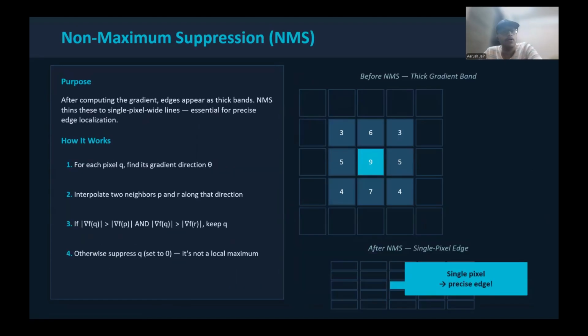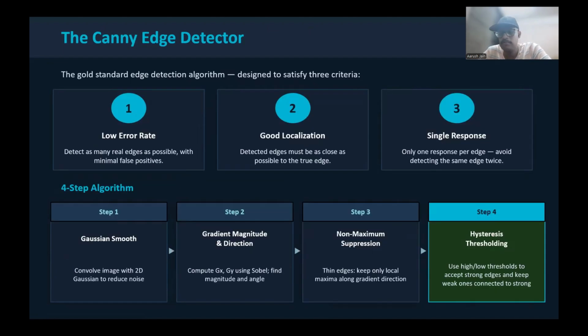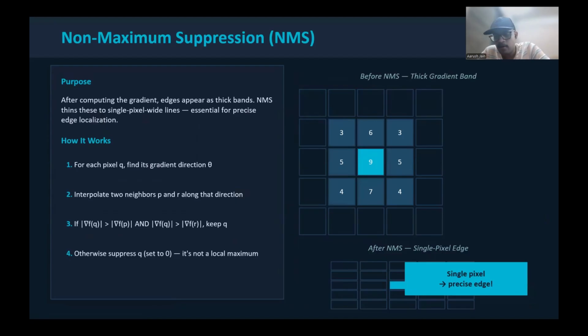So, non-maximum suppression, which is used in step three. We first computed Gx and Gy using Sobel. After computing the gradient, edges do not appear as a single edge pixel but as thick bands, because over a whole neighborhood of pixels we get high gradient values. If we keep all of them, our edge map would become very blurry and thick, which is not useful.